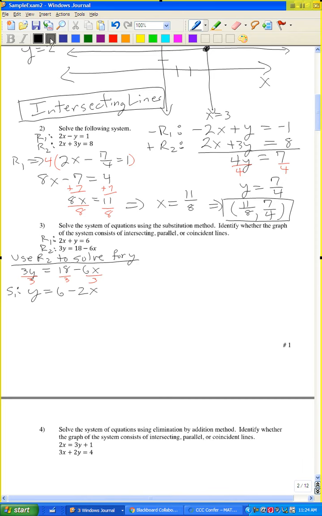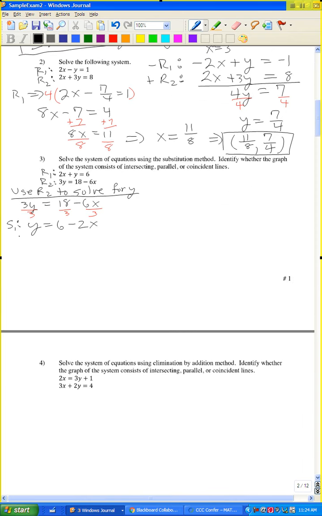And so now let's substitute this solved y into the other equation. Since I've used R2, we'll substitute this into R1. And so if I plug S1 into R1, we get 2x plus y equals 6.